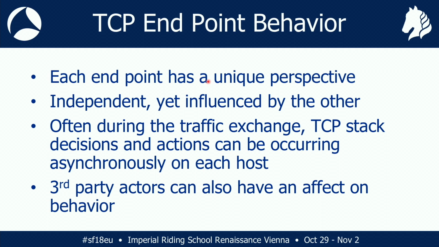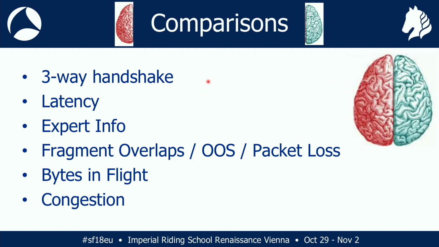Each side, the TCP stacks make decisions about timer values, about the health of the network, about what's arriving, how to interpret it. And then, of course, there's third-party actors that can also affect the behavior: proxy servers, VPN concentrators, firewalls, IPSs, you name it.